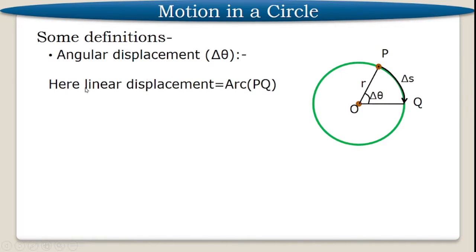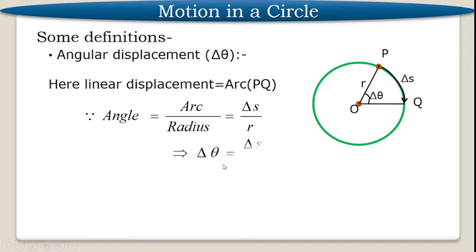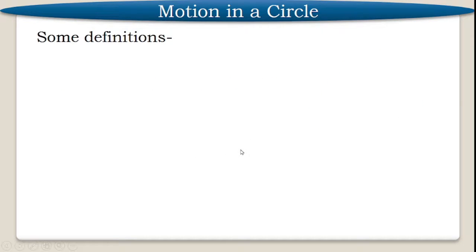Here linear displacement is arc PQ and which is equal to del S, and since we know that angle is equal to arc by radius, and here this arc represent the linear displacement and which one is del S, and radius of this circle is R, then del theta is equal to del S by R. This gives the relation between angular displacement and linear displacement.